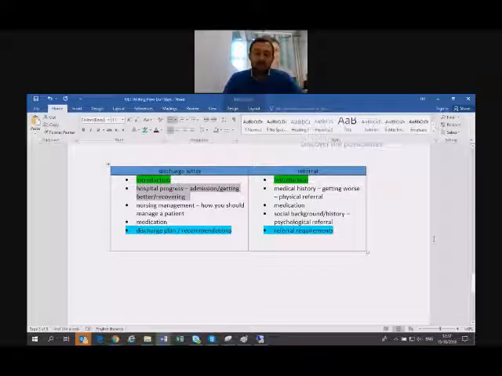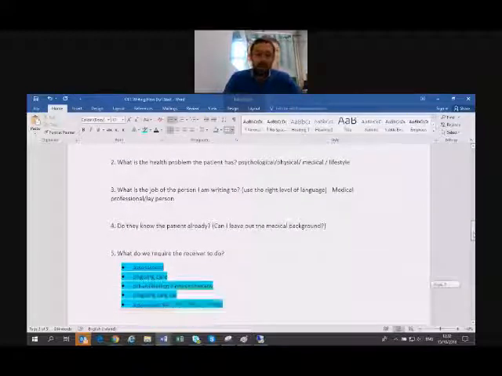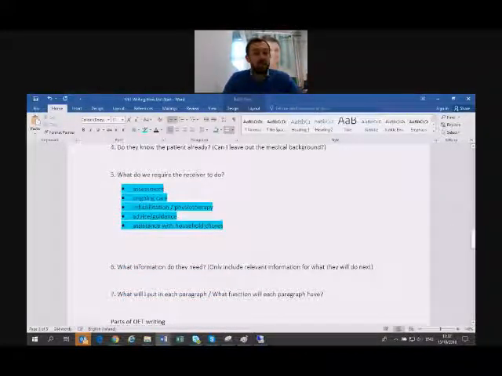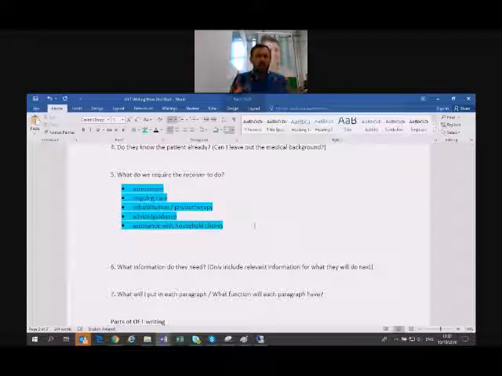Probably, most of the time, it's going to be like that. And all of these things are flavored by whether they know the patient already and what we require the receiver to do. So what we're trying to aim for here is the underlying logic, the reason, the purpose for the letter.